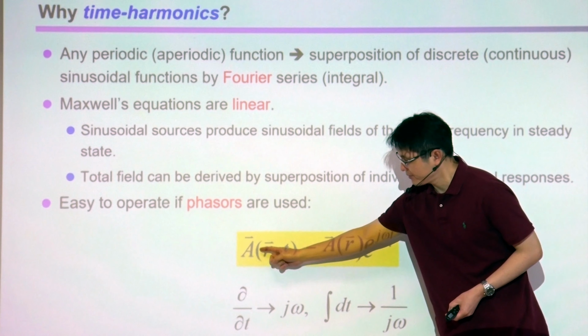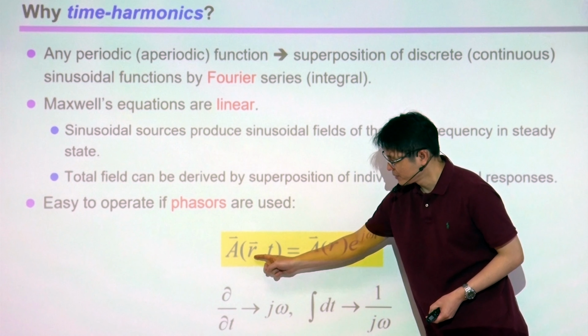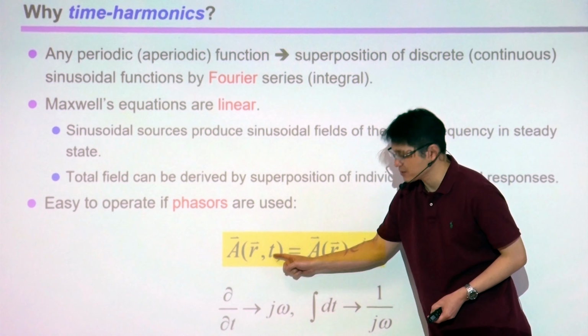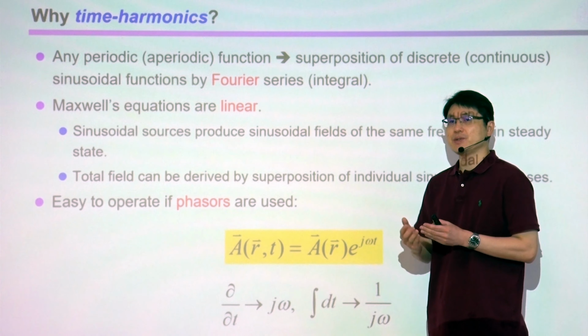Basically, if you have some function of space and time, then we can use a mathematical skill called separation of variables. So we can separate the time dependence and the spatial dependence into different parts. So this is basically phasor notation.